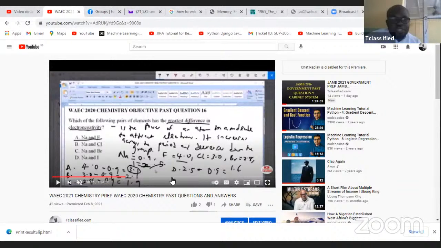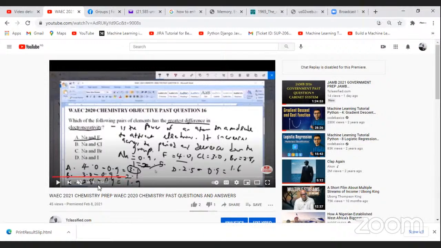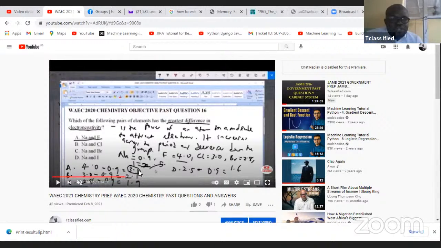So when you're looking at the difference, what's the difference between sodium and chlorine? And what's the difference between sodium and bromine? If you check, you see that the one with the highest difference is between sodium and fluorine.